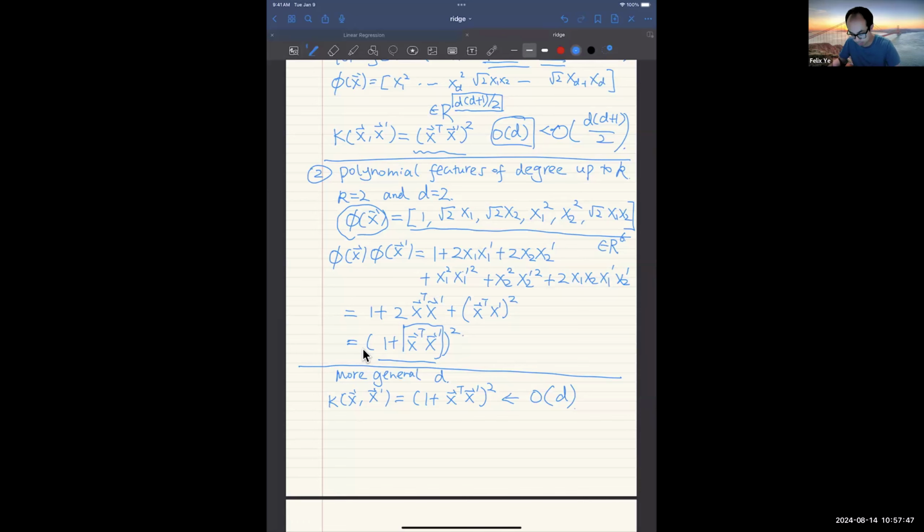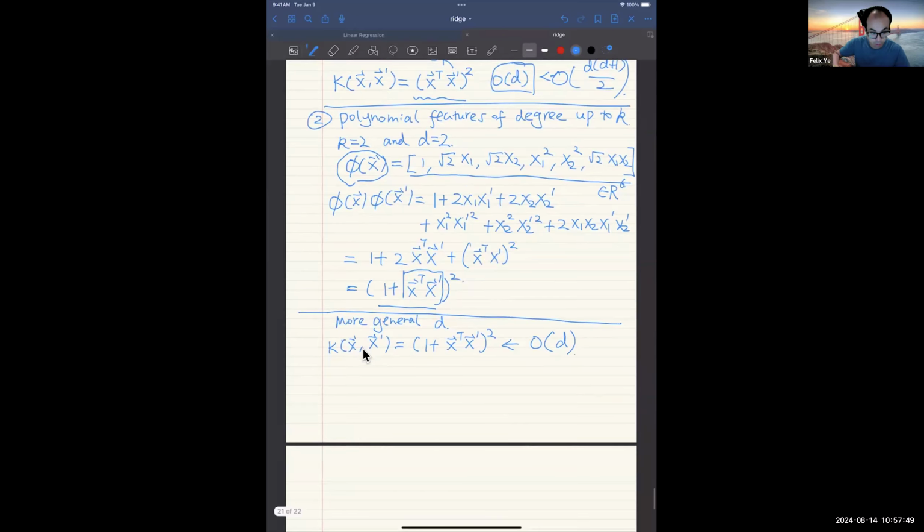But explicitly computing this feature phi x will cost about order of d squared, or d to the k right here.